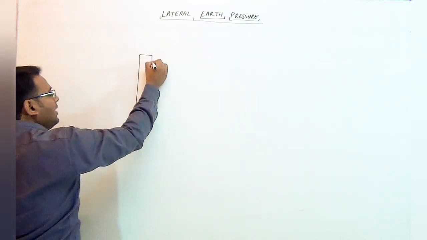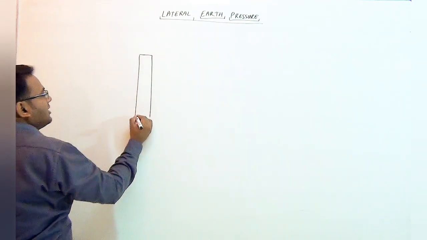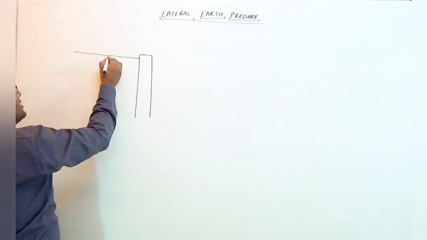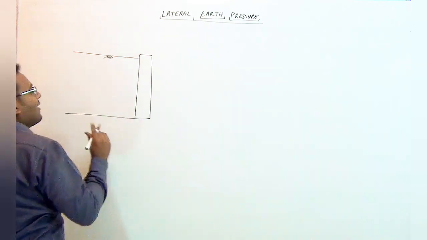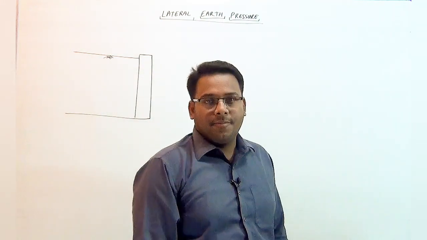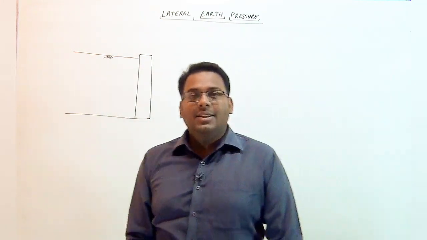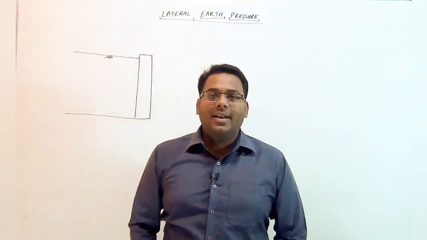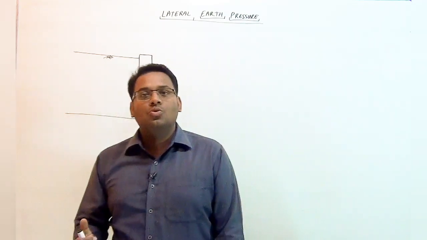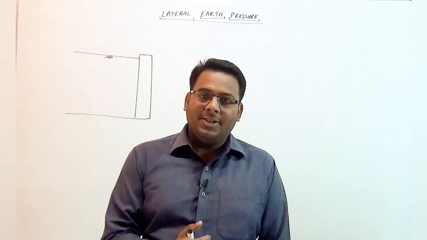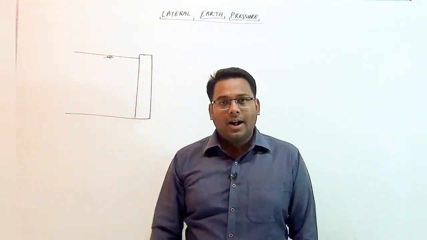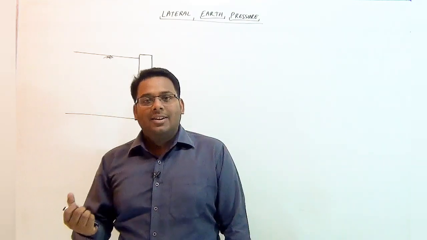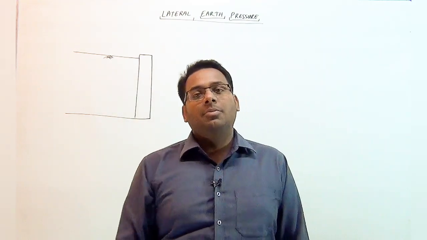For example, if this is a retaining structure and there is soil present on the left hand side, then this soil will have a tendency to spread itself. This tendency is seen in most matter, as every matter tries to reduce its energy, and as the elevation of the particle is higher, its potential energy will be more.